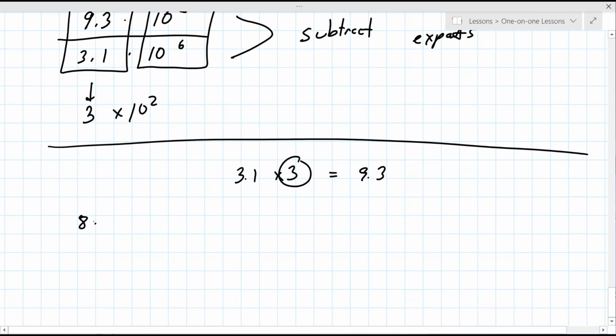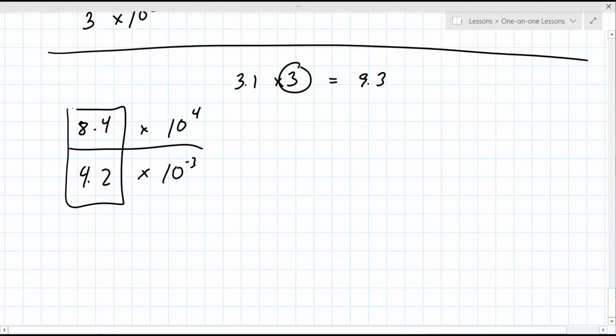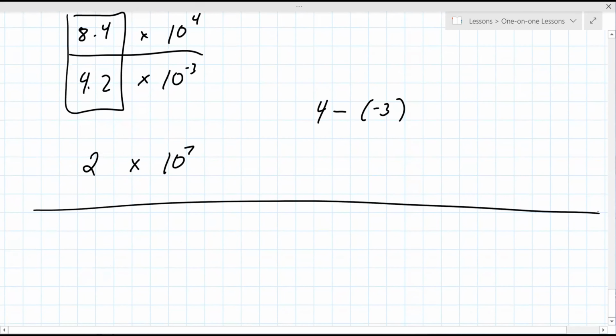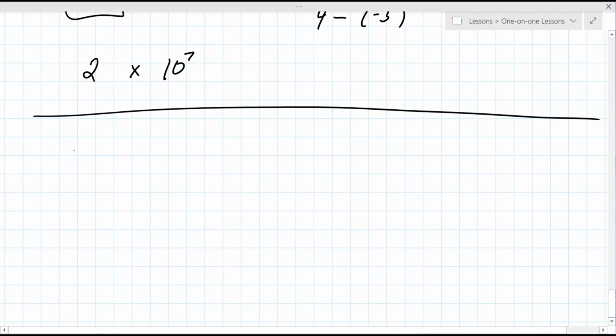So let's go 8.4 times 10 to the 4th divided by 4.2 times 10 to the minus 3. When you divide, I'm choosing nice numbers, you get 2. Here it's 4 minus a minus 3, so it becomes 10 to the 7th. I want to get one more example, and then I'm going to have to switch over to your sister.